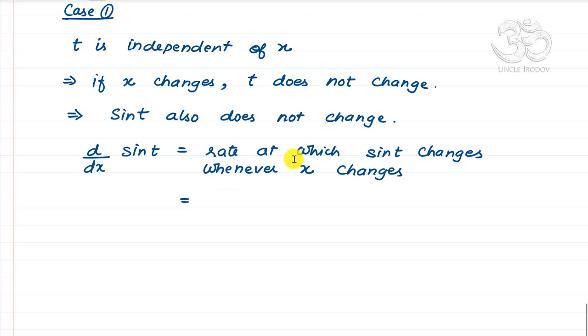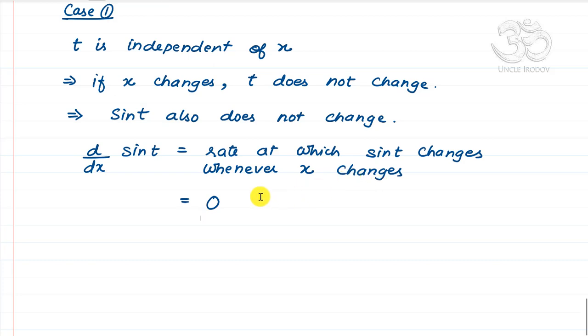See, we are interested in the rate at which sine t changes. We are not interested in the actual value. The actual value of sine t will be some number, and we don't really care about that number. What we care about is, if I change the value of x, does that number change? No. So what should be the rate of change of sine t with respect to x? 0. That's the answer.